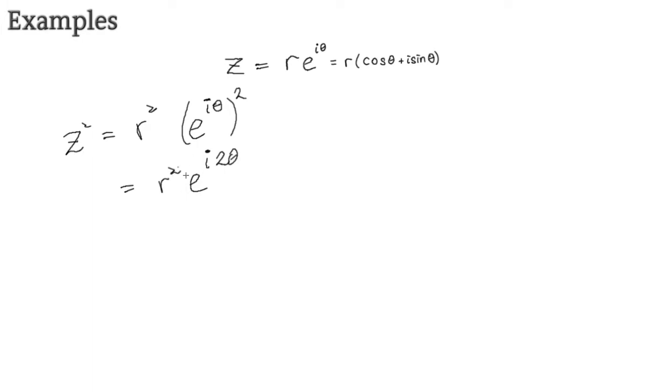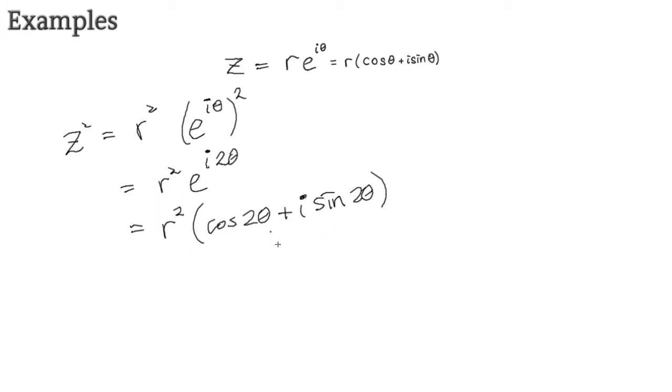r squared stays, and with that we can express this in the form of r cos theta plus i sine theta, which gives us r squared as your modulus, then cosine of 2 theta plus i sine of 2 theta.